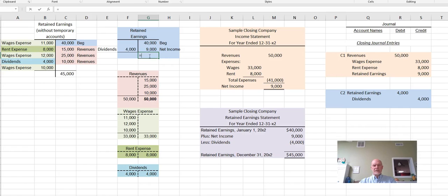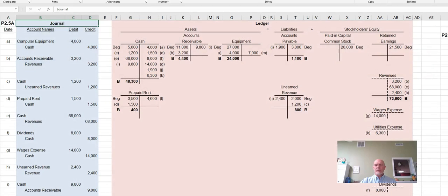And that gives us an ending balance of 45,000, which is what we calculated it should be. So now as we go into the next period, the beginning balance in the next period of retained earnings is 45,000.